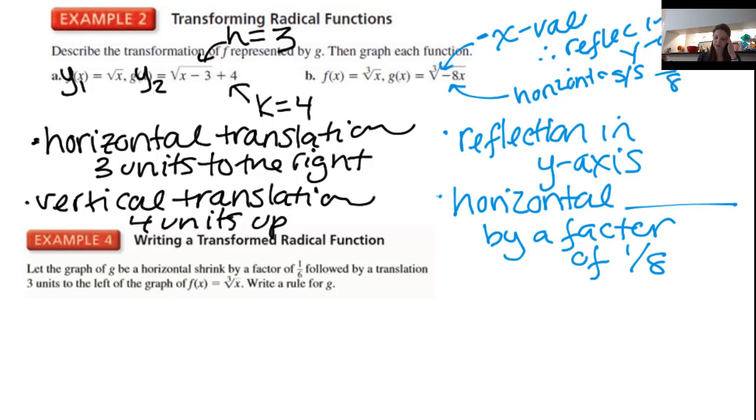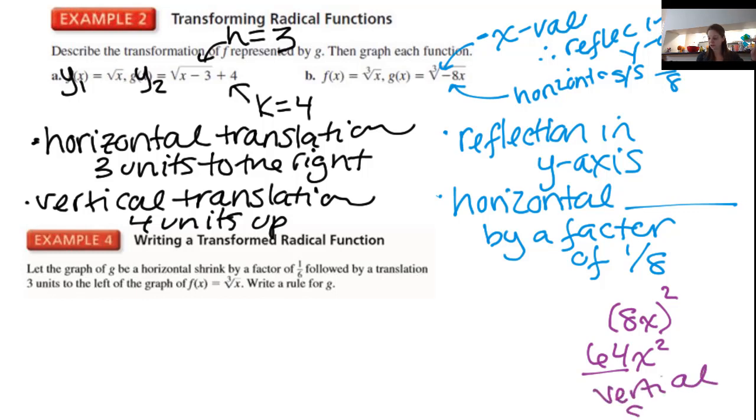So I have to think about, okay, if this is a quadratic and I was multiplying by 8, let me square this and I'll get 64x squared, and this 64 outside grouping symbols is a vertical stretch. So inside grouping symbols is a horizontal shrink, and that's why this is a horizontal shrink.